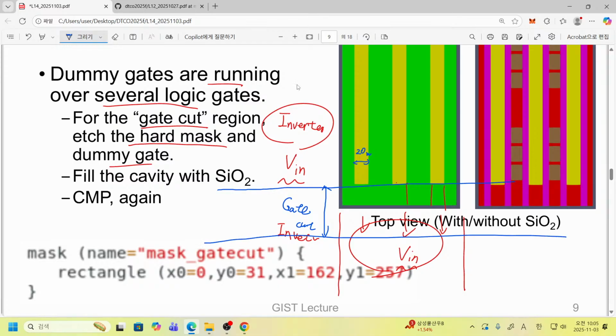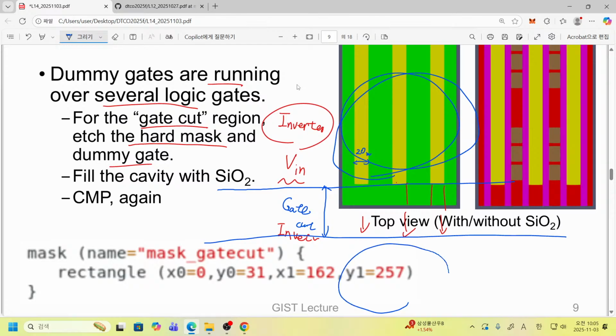It means that now here we have a certain island of a logic gate, and the lower one, here we have another logic gate, and they are separated by this gate cut. So how much can you make this gate cut short? That is directly related with the reduction of our chip area. Although this gate cut is not used as the real device.